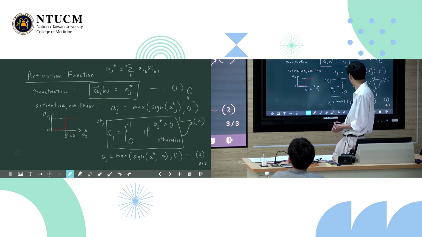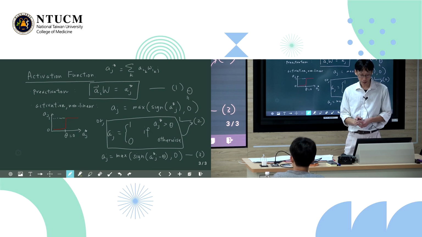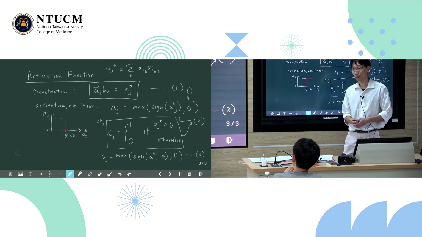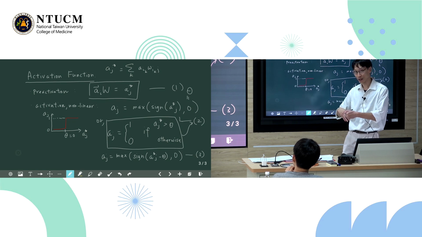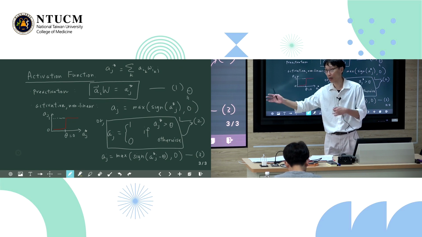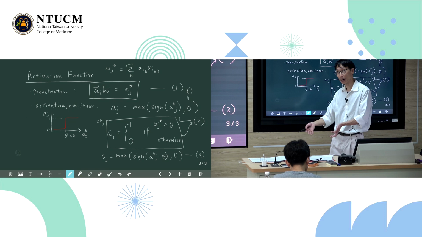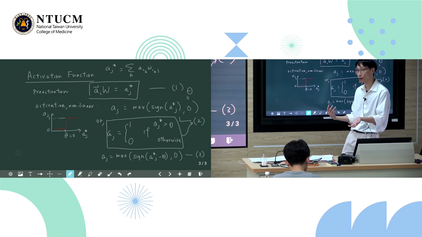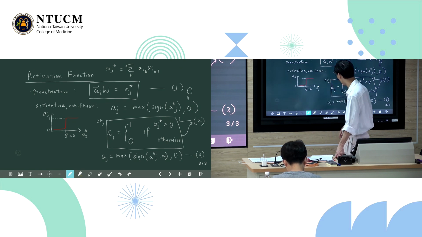So the pre-activation function minus whatever threshold you use, it doesn't have to be 0. And again, if that is greater or less than the theta value, then it will be positive or negative. You only care if it's positive or negative, but you don't care by how much. If it is positive, that means it's greater, and then you compare that against 0, and you take the bigger of the two. If it is negative, it will be less than 0, then it will be set to 0. So that's all it is.